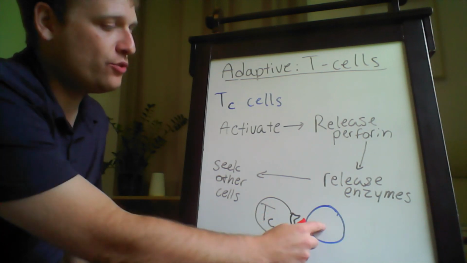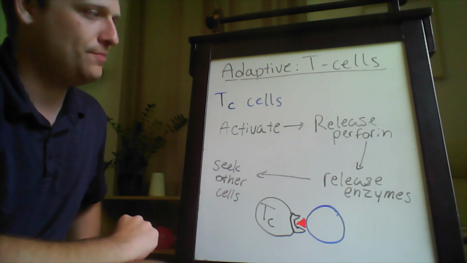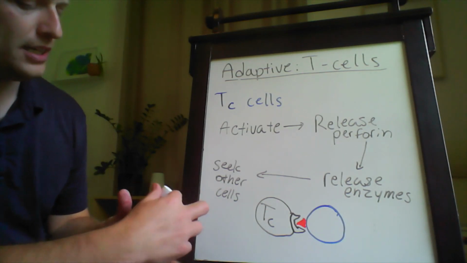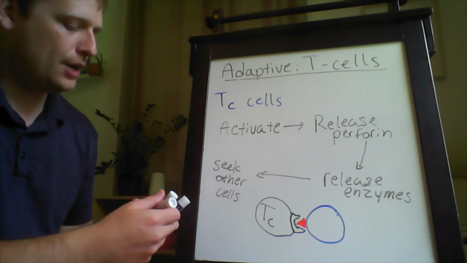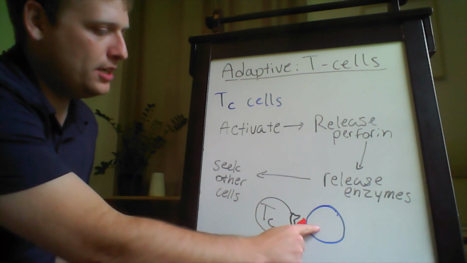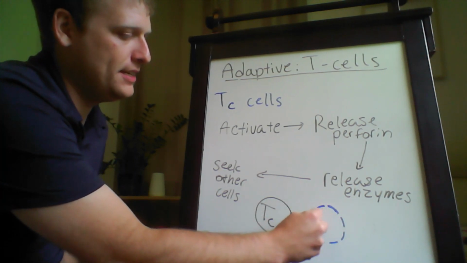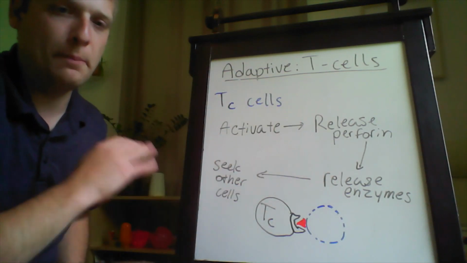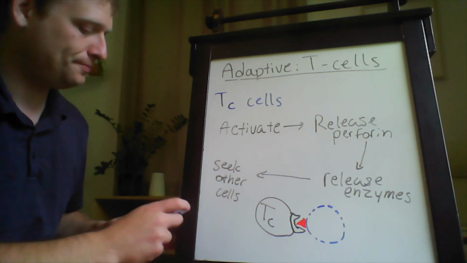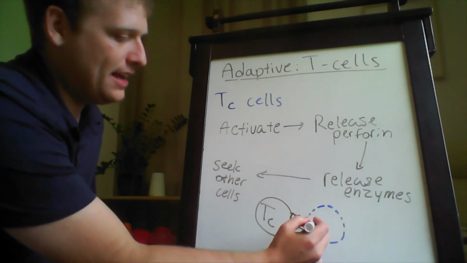So this T cell has recognized this antigen and become activated. What it's going to do is release a compound called perforin. And what perforin is going to do is perforate the plasma membrane of this abnormal cell. So it's going to poke little holes in that cell. And it's going to then release digestive enzymes.